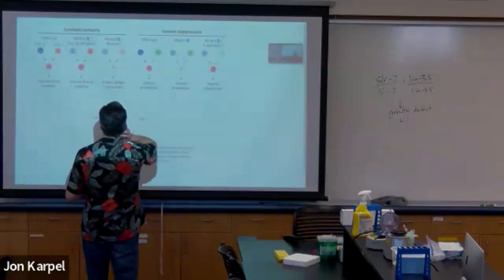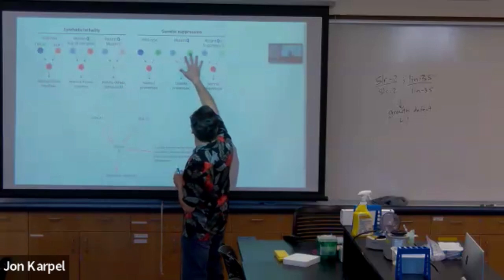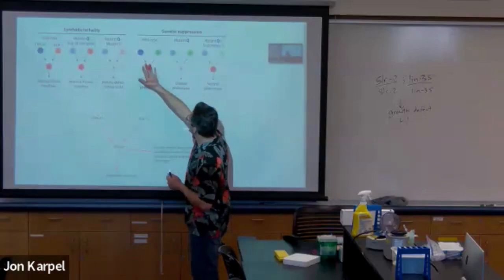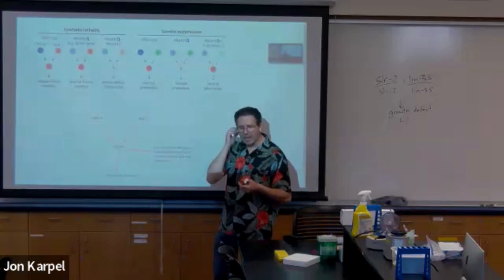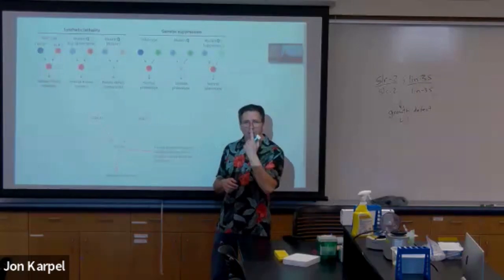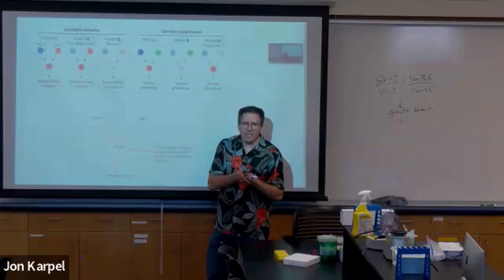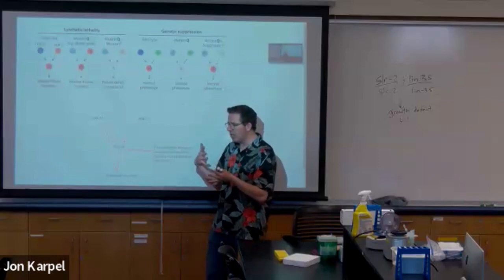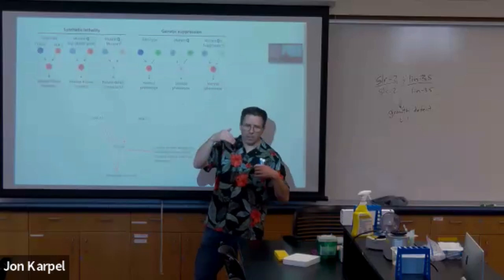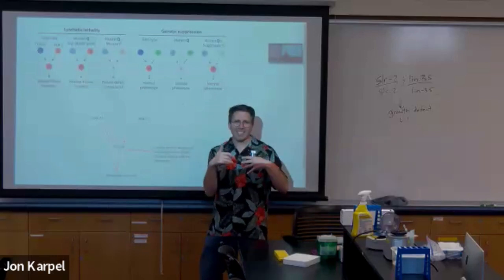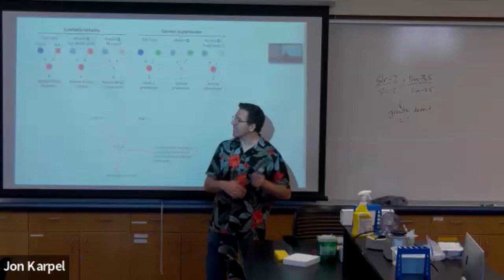So the idea, if we look at this side over here, genetic suppression, got to remember, not every transcription factor or pathway has a positive effect on a process or a pathway or a gene. You can have things that have both activation or repression, right? And they're going to be antagonistic.